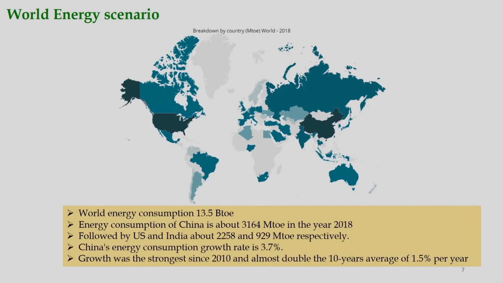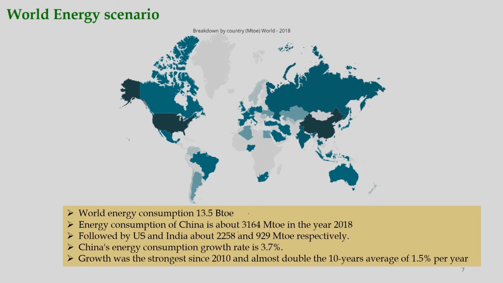Now, let us pay attention to the world energy scenario. This is the world map, and world energy consumption was about 13.5 billion tons of oil equivalent in the year 2018.